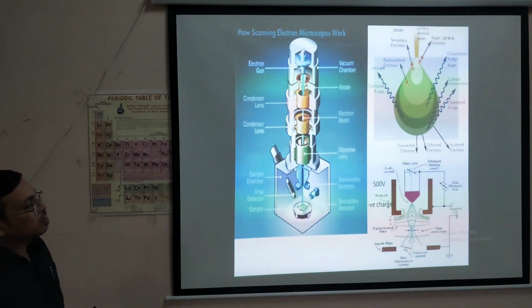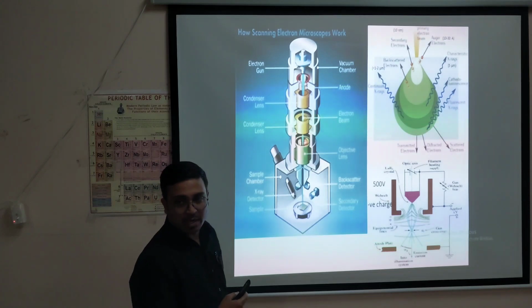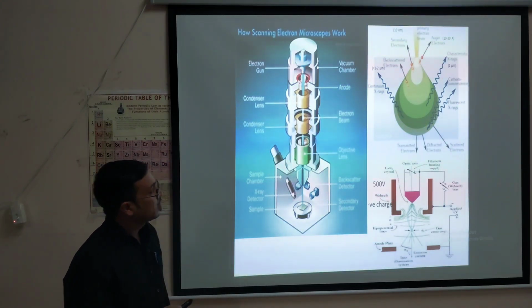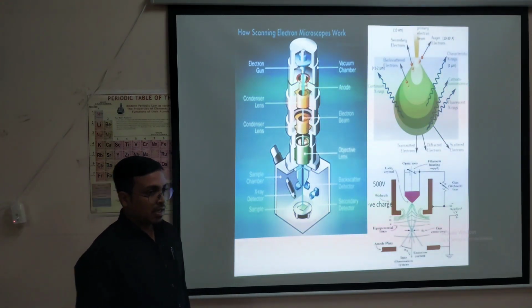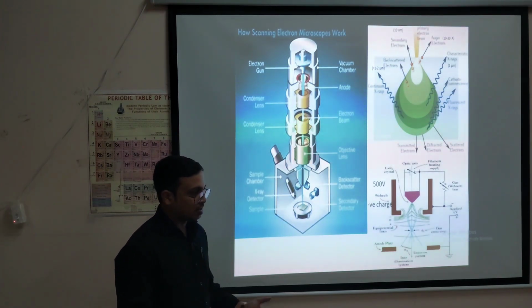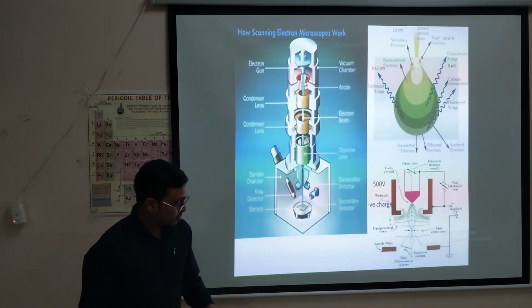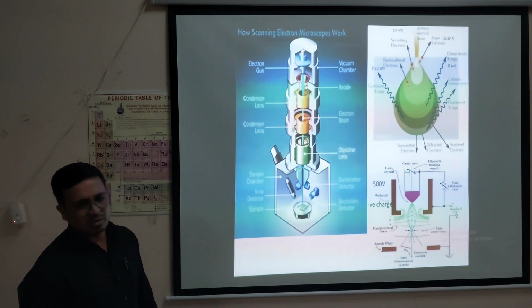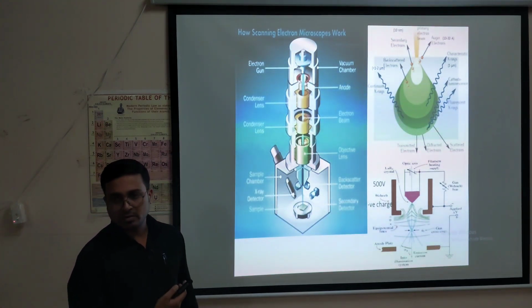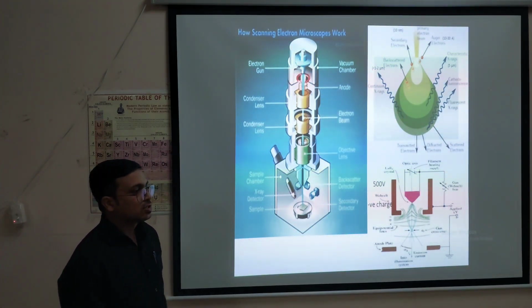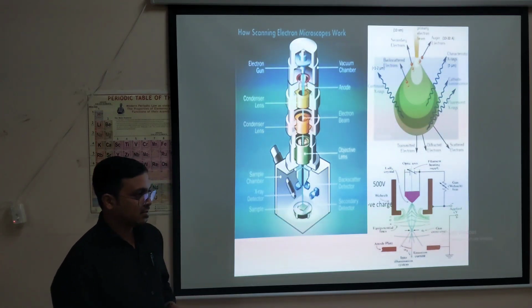So this is the electron gun. As I told you, this is made of either tungsten or lanthanum hexaboride, either one. Lanthanum hexaboride is usually a bit costlier compared to tungsten, but tungsten is short-lived. Do you follow?